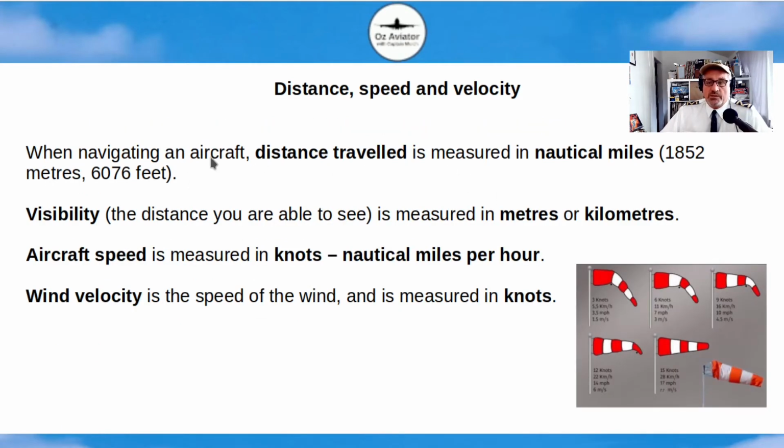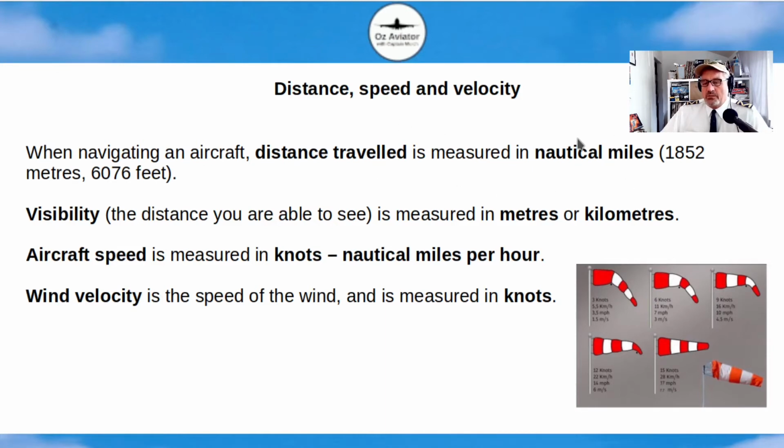So when you're navigating your aircraft in Australia, the distance travelled is measured in nautical miles, which is an old standard from the early days of sailing. You'll learn about that more in navigation, how nautical miles are determined. But nautical miles are 6,076 feet or 1,852 metres.